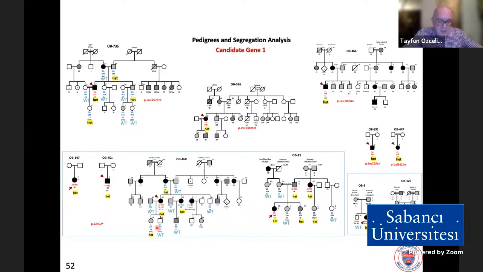We first looked at the known obesity genes, and results show that nearly 30% of the families harbor mutations in these obesity-associated genes. When we look into the novel gene discovery aspect of our cohort, we have some pretty strong candidates.